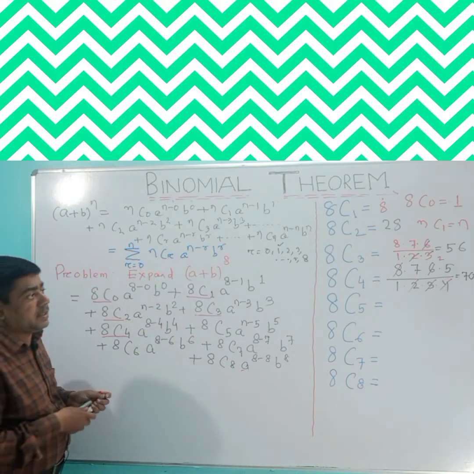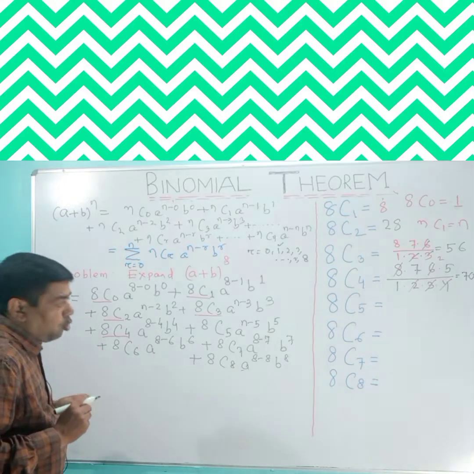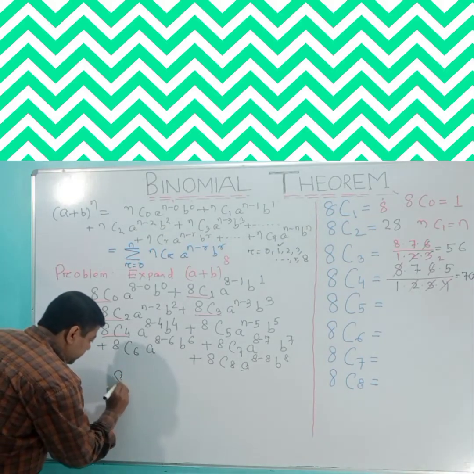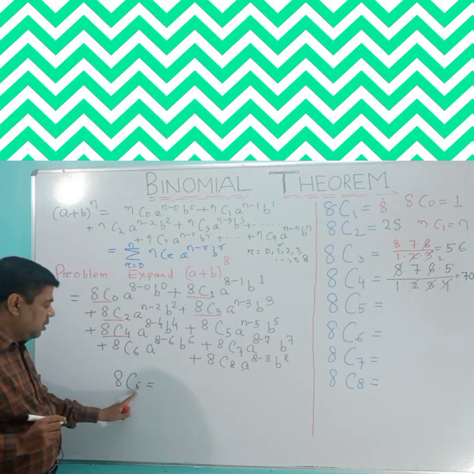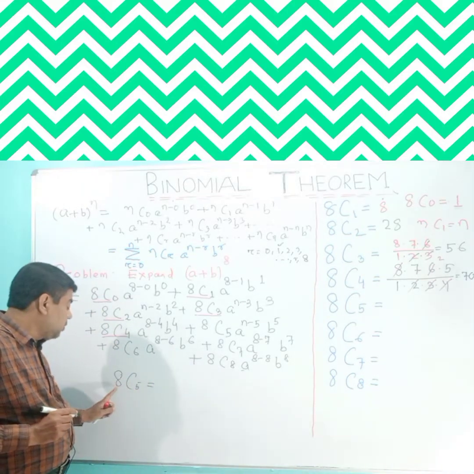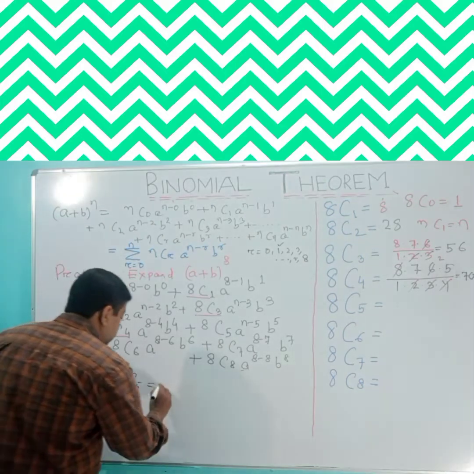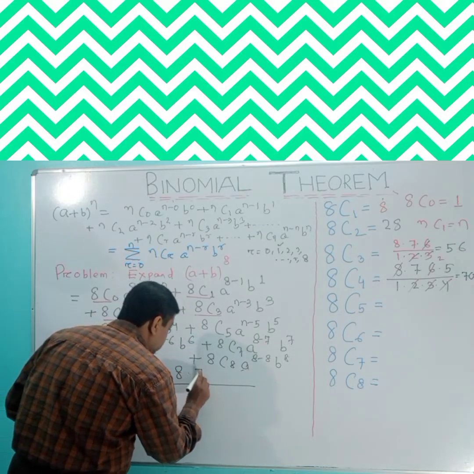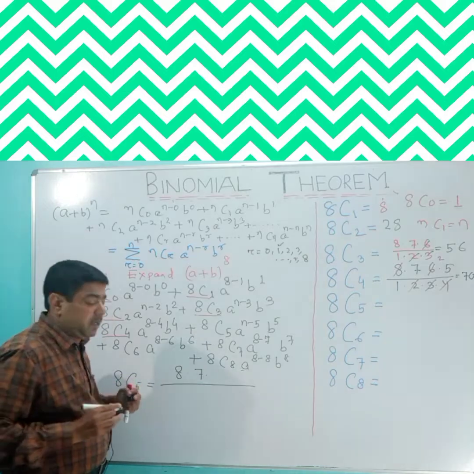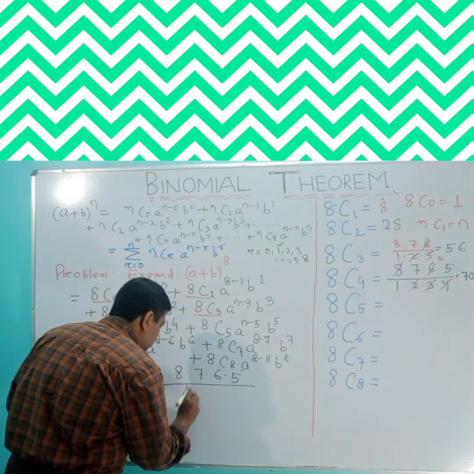Similarly, the value of 8C5. One formula, students, you know. 8C5 means here the 5 means you have to multiply 8 in descending order, how many times? 5 times. Look at here, give the division sign first, write down 8, then into 7, just in descending manner, then into 6, into 5, then into 4.